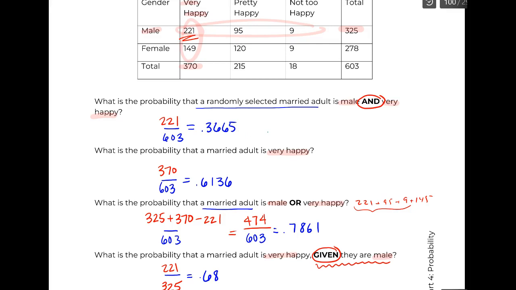All right, so why this page actually matters is not for this calculation, but for the notation. We have 3 or 4 different notations here, and these are the 4 different things that you're going to see in part 4. So probability, right? That's what we're looking for. The probability we want is male and very happy. So we could use an M for male. We can use a VH for very happy or a V, it doesn't matter. And then you have 2 options. You can literally just write the word and.